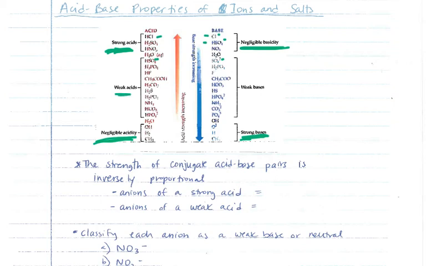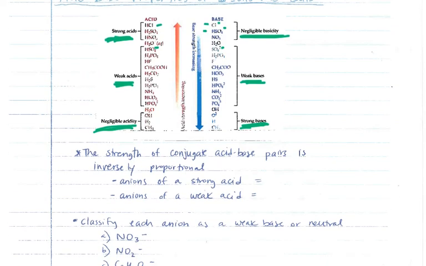But the conjugates of weak acids do act as weak bases, and vice versa. The conjugates of weak bases work as weak acids. So the strength of conjugate acid-base pairs is inversely proportional. The anions, or conjugate bases of a strong acid, are neutral, not acidic or basic. And the anions of weak acids are weak bases.